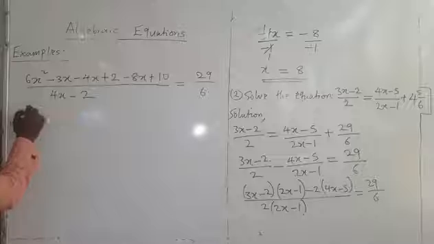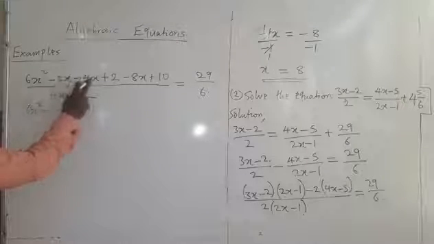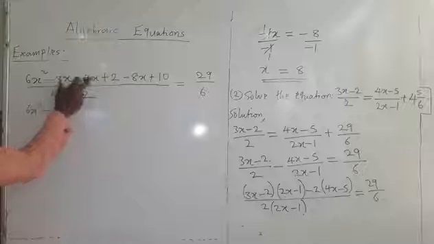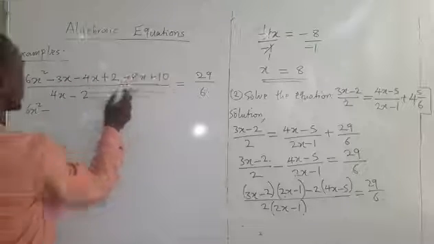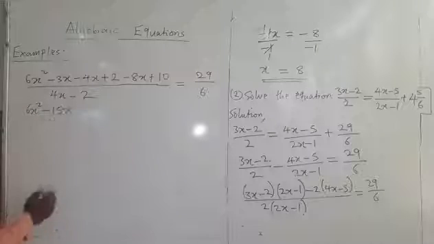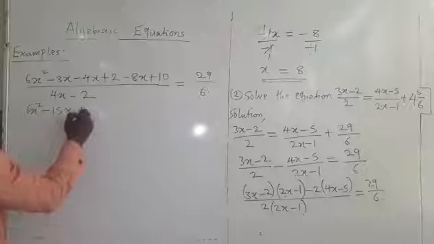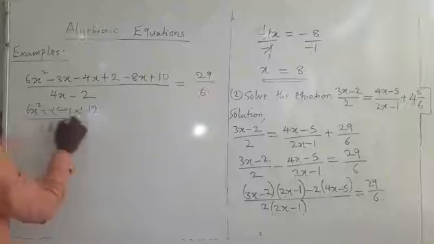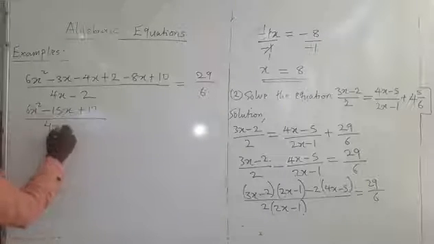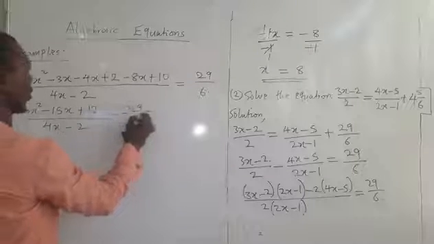So we have 6s squared minus 3s minus 4s, that's minus 7s, minus 7s minus 8s, that is minus 15x. Then we have 2 plus 10, that is 12. Then all over 4x minus 2 equals 29 all over 6.